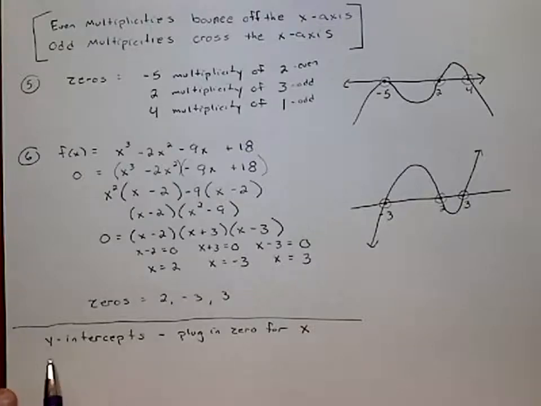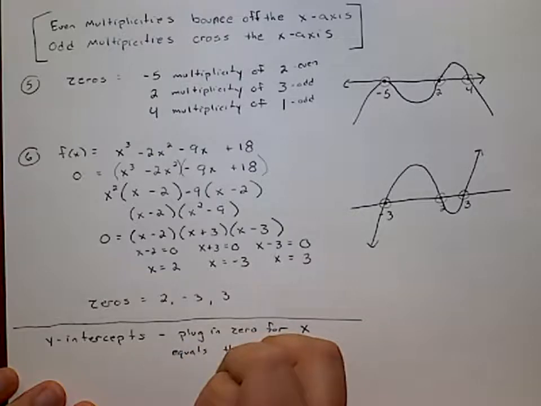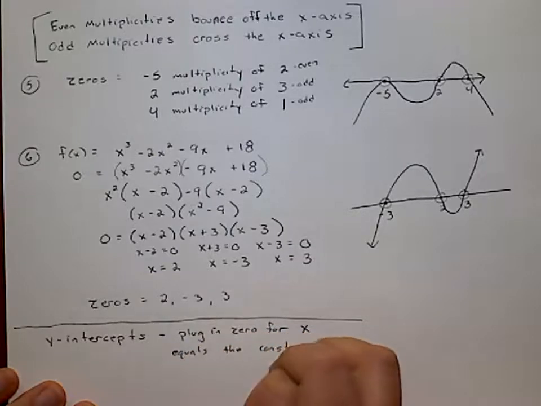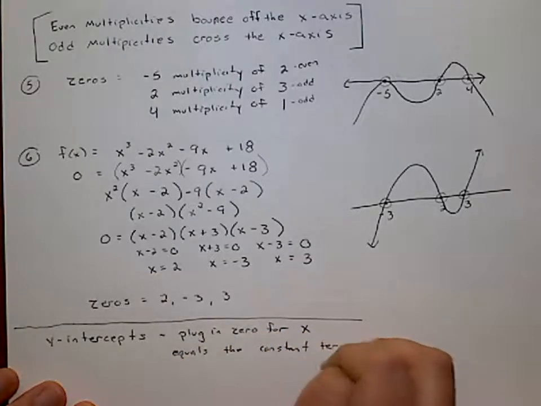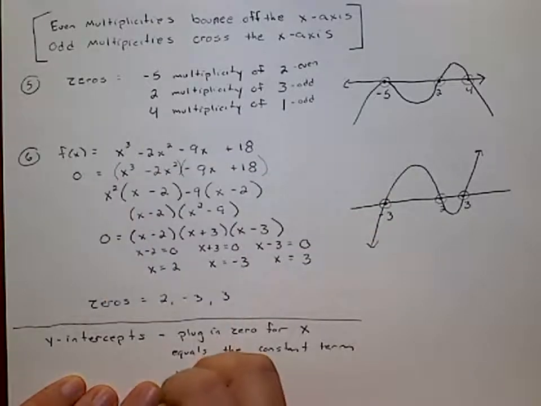Or another way you could find a y-intercept in a polynomial is you can just look at the constant term. So it equals the constant term. So for instance, I'll just go with this example we have here.